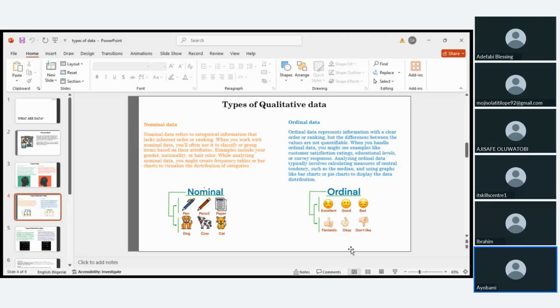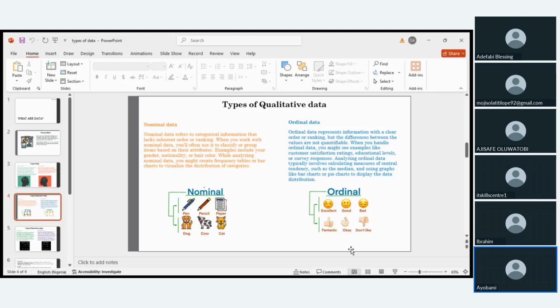In fact, they are the exact opposite of quantitative data, right? So let's look at qualitative data. Let's look at what we would have. A better way to understand it is when we are talking about qualitative, we are talking about quality. When we are talking about quantitative, we are talking about quantity. Quantity talks about numbers, right?